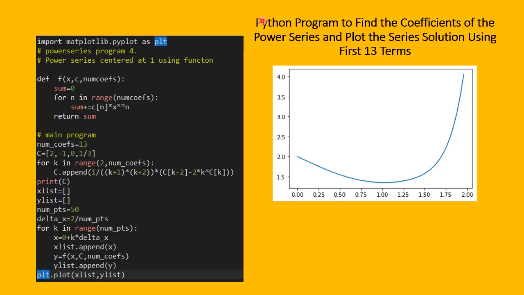So let's look at a Python program to find the coefficients of the power series, the solution to that initial value problem, and plot the series solution using the first 13 terms of that power series. This program over here consists of a main program down here, and we also have a function f defined here, and f is basically going to be defined to be the power series representing the solution, but only using 13 terms.